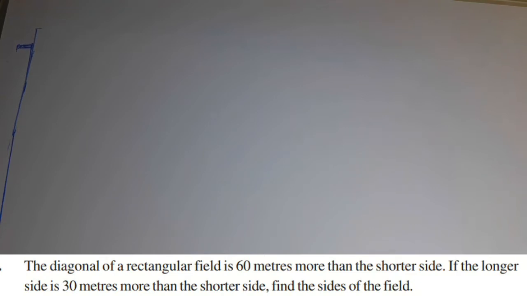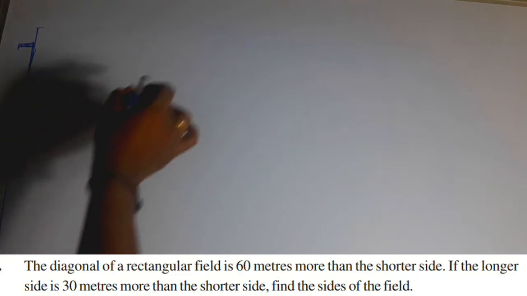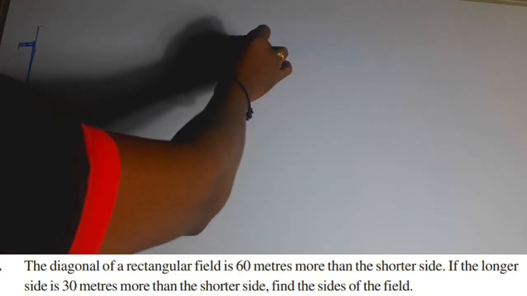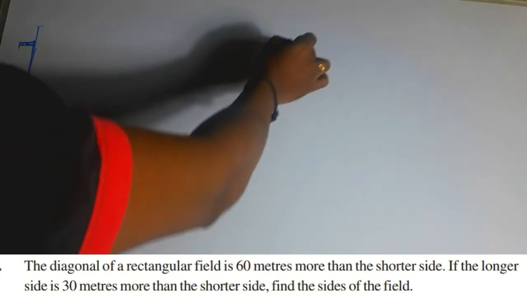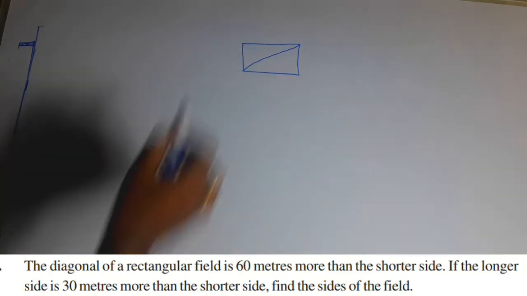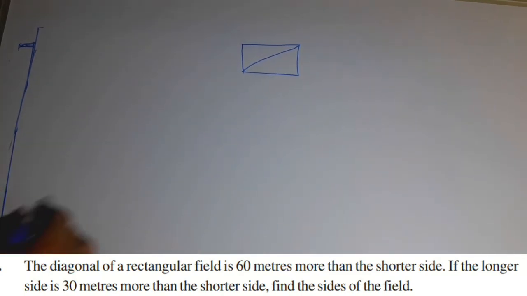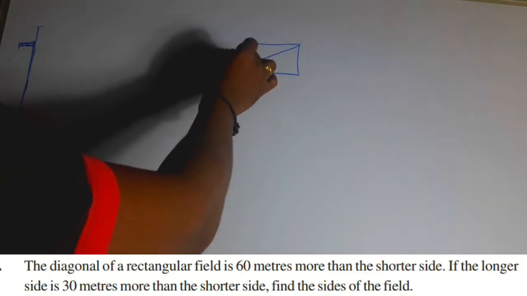In the question he is saying that the diagonal of a rectangular field is 60 meters more than its shortest side. So for example, it is a rectangular field. This is the diagonal. What is the shortest side in the rectangle? It is nothing but the breadth.